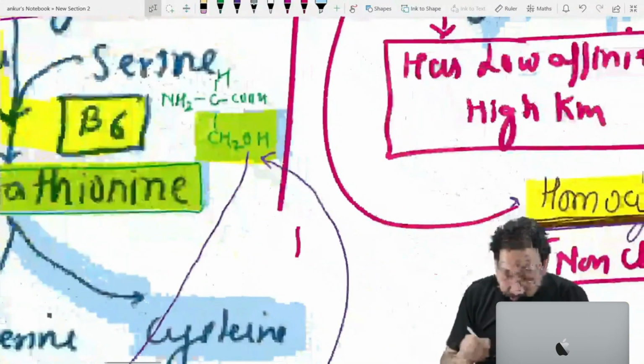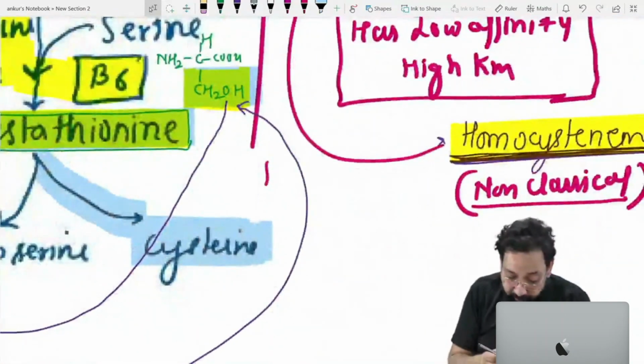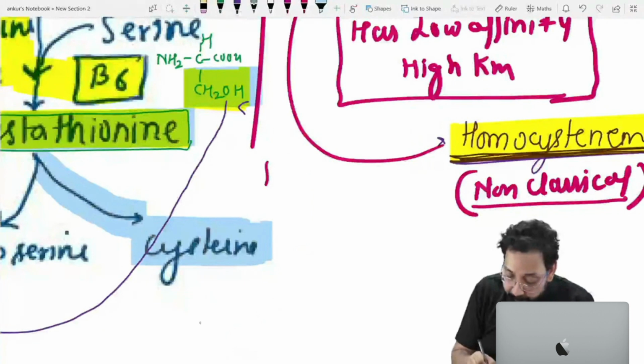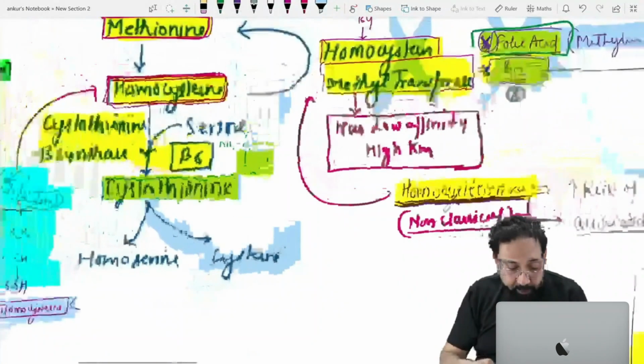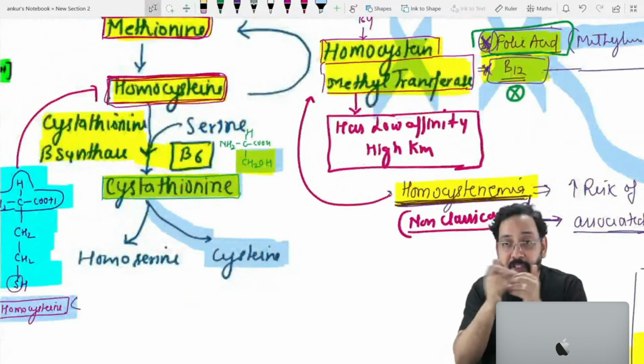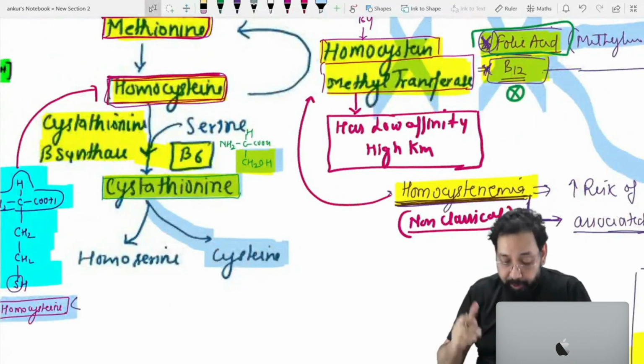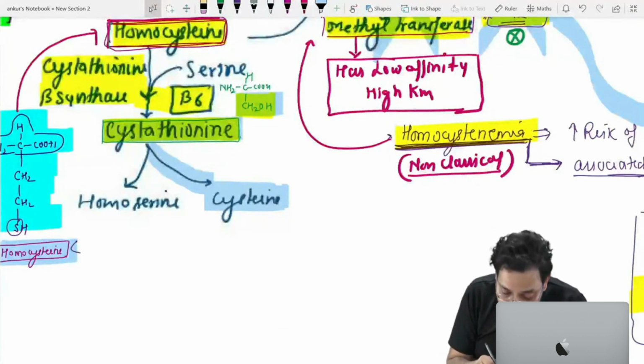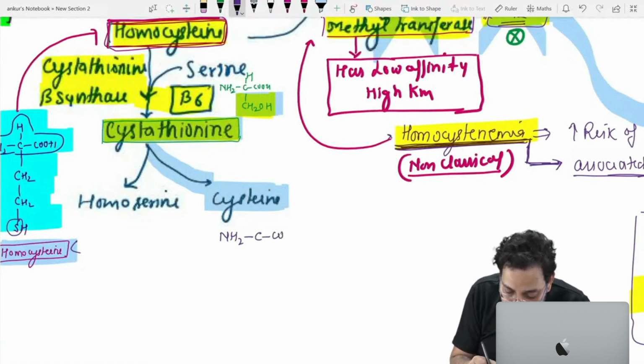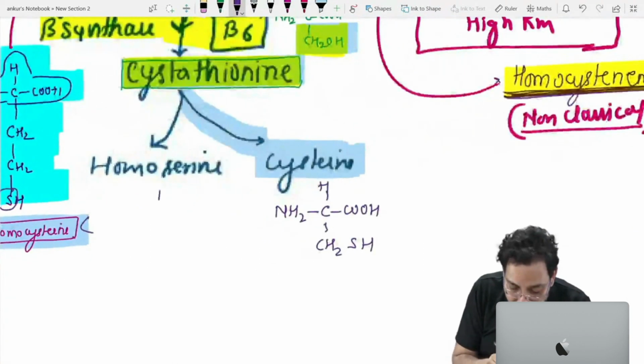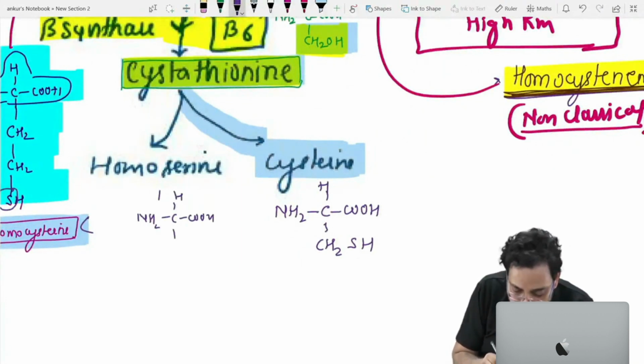When they join, they exchange sulfur and oxygen. This is NH2, COOH, H, CH2SH. What is homoserine? NH2, COOH, H, CH2OH.